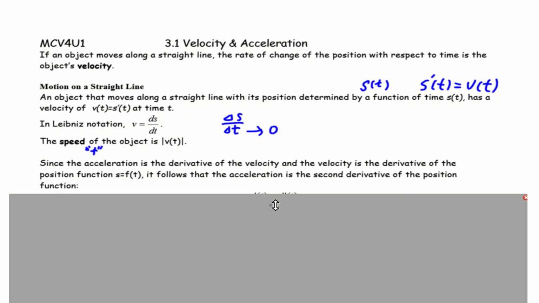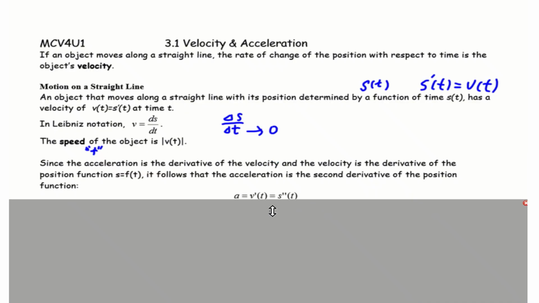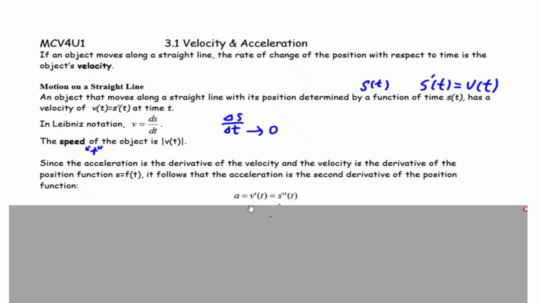The acceleration is the derivative of velocity. So we could write a equals v prime of t, and since v of t is s prime of t, v prime is the derivative of s prime.